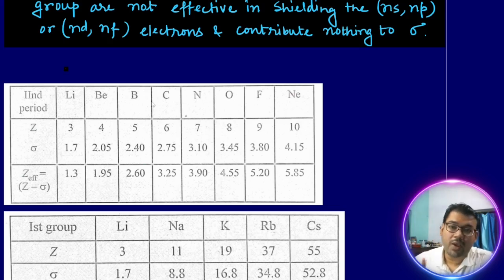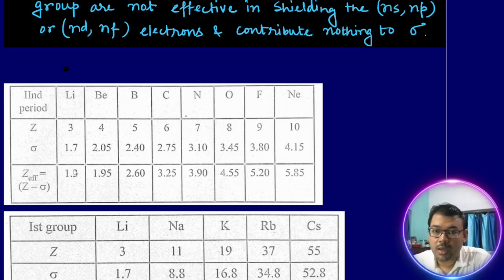If we move along the period from left to right, sigma increases: 1.7, 2.05 for beryllium, 2.40 for boron. Z effective also increases: 1.3 becomes 1.95, then 2.60, 3.25, and for nitrogen 3.90, for oxygen 4.55, for fluorine 5.20, and for neon 5.85.